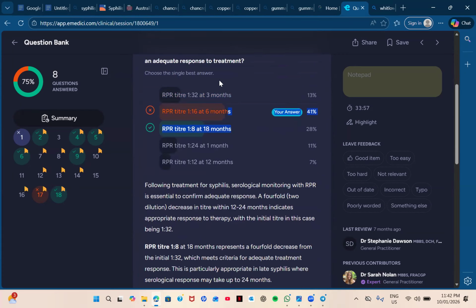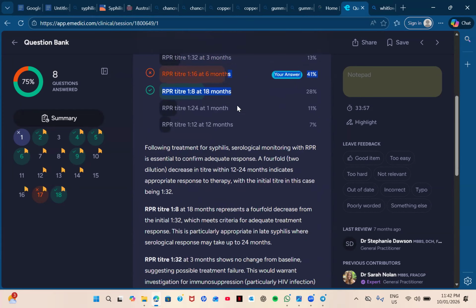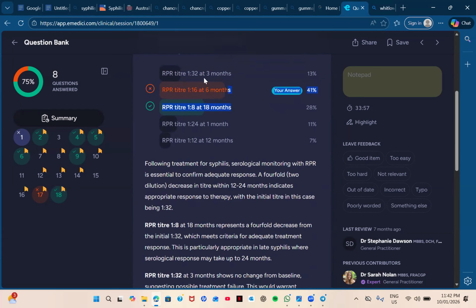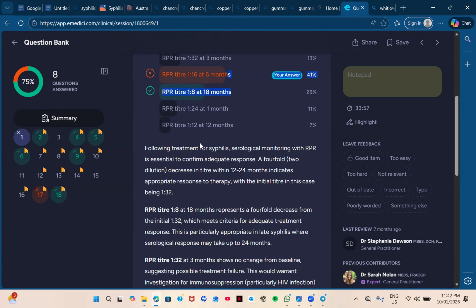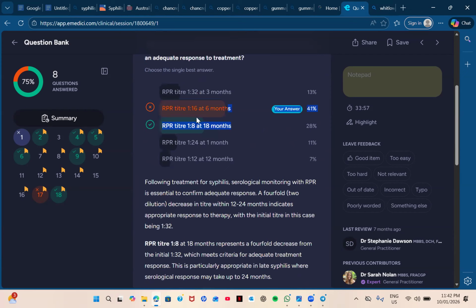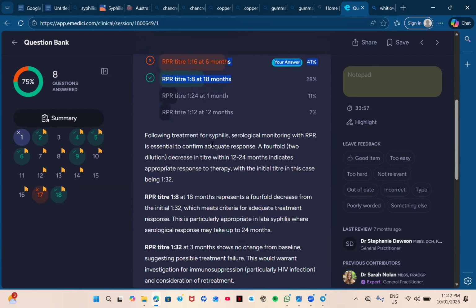So for 4 dilutions, we have to divide this 32 into 4 parts. 32 means no improvement. 24 is still 1 dilution, and 12 is not going with the calculation. That's what the fourfold dilution means. Please remember, that's what we should remember.